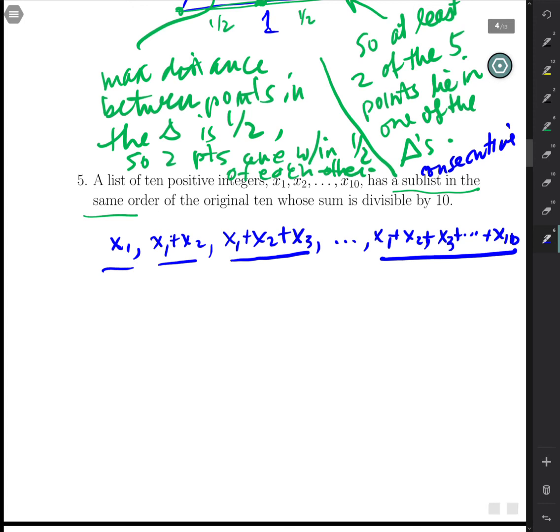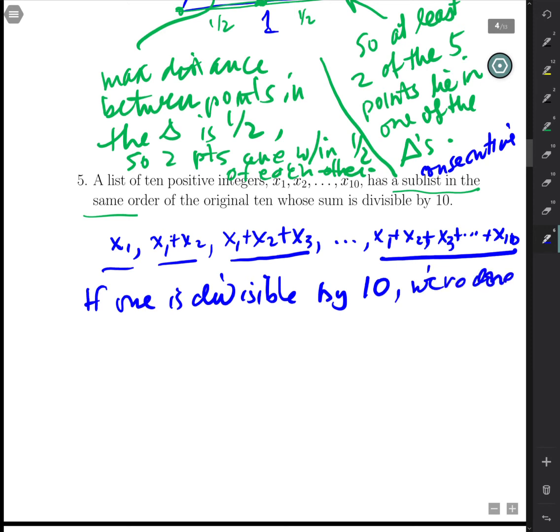So if one is divisible by 10, we're done. If not, then none of them is divisible by 10, and there are 10 of them.